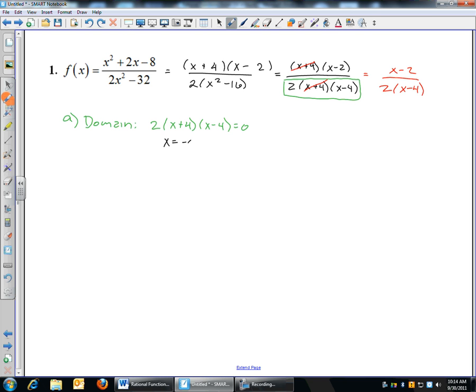X equals negative 4 and positive 4. But that's what x cannot be because that makes my denominator 0. And I like interval notation, so my domain is everything to the left of negative 4, then everything between negative 4 and positive 4, and then everything after positive 4. So that's my domain.